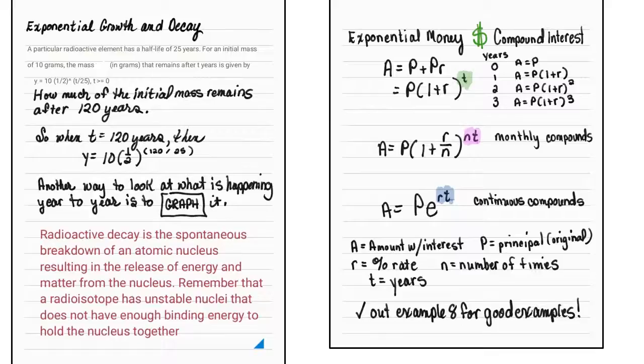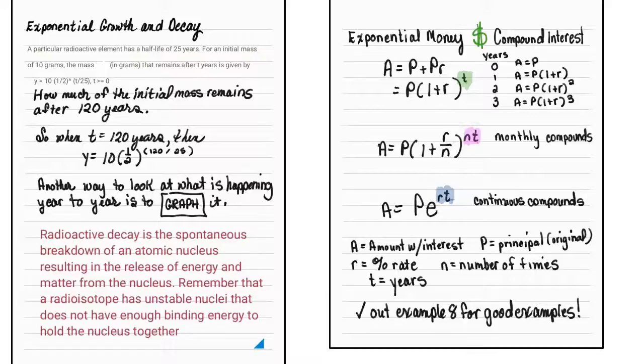Another way we use E is with exponential money and compounding interest. There are 3 basic formulas that happen with interest. You have A, which is the amount; P, the principal, which is the money you walk in the bank with and want to invest; R, the percent rate; N, the number of times it's being compounded; and T, which generally will always equal the years.